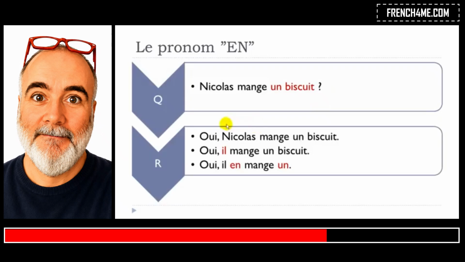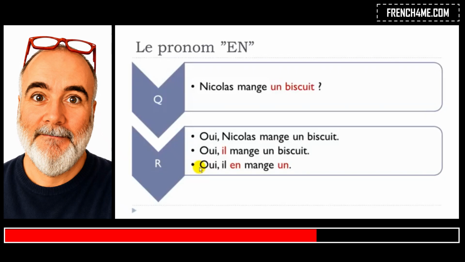First answer, oui, Nicolas mange un biscuit. Same thing as previously, you just put everything again. Second possibility, you don't want to repeat Nicolas. Oui, il mange un biscuit. Alright? Last option, you don't want to repeat Nicolas and you don't want to repeat biscuit. Okay?